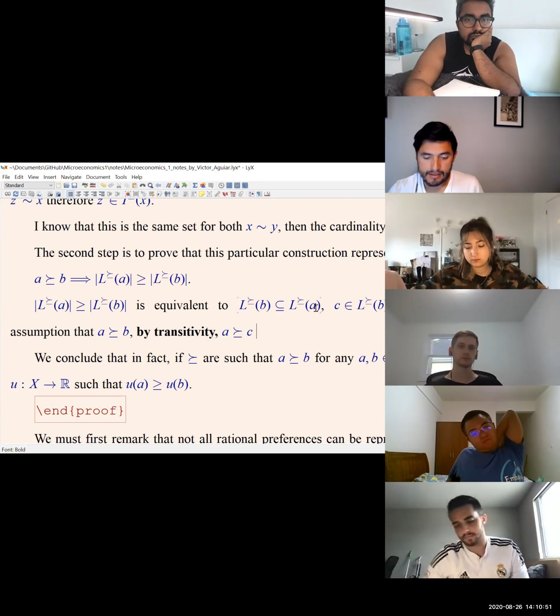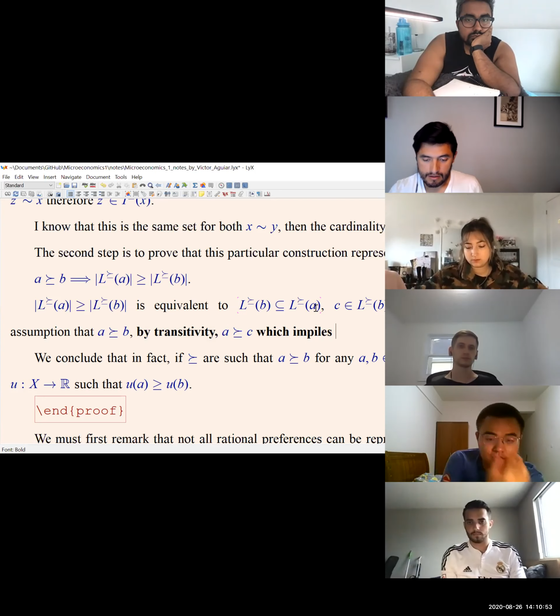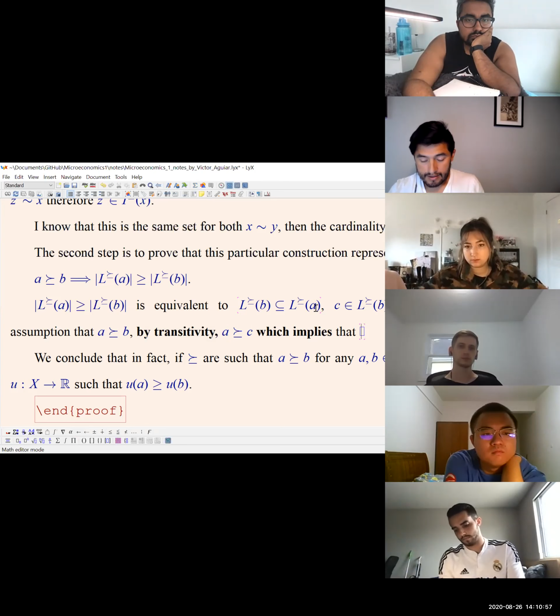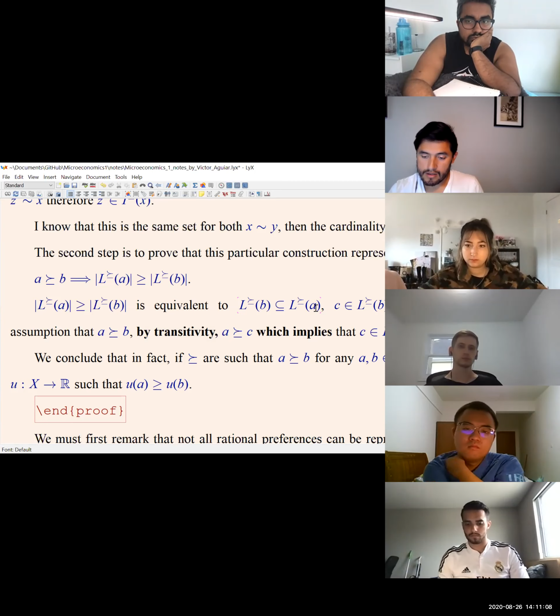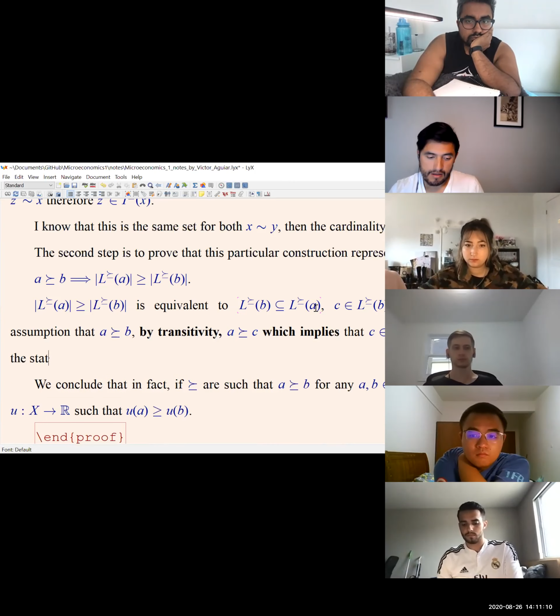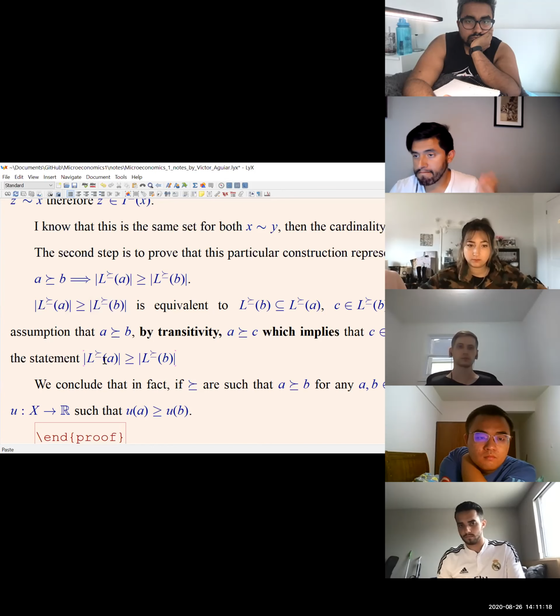Which implies that C also belongs to the lower contour set of A, okay? This is equivalent to this statement. I'm just repeating myself here, but it's fine. Okay, that's the proof, right?